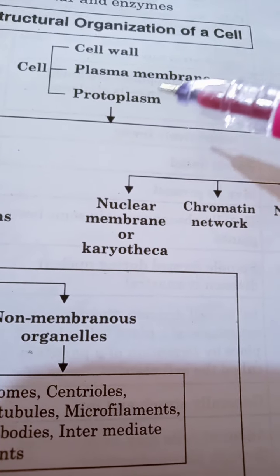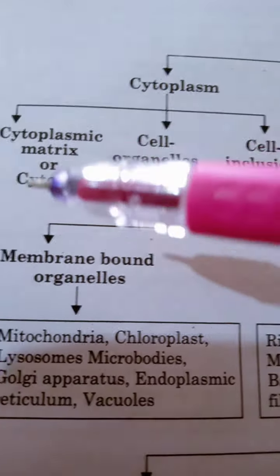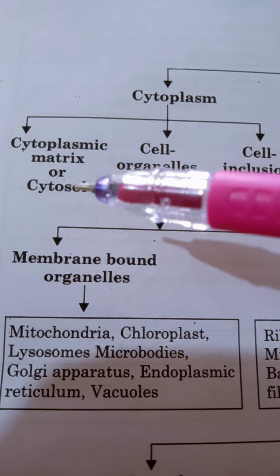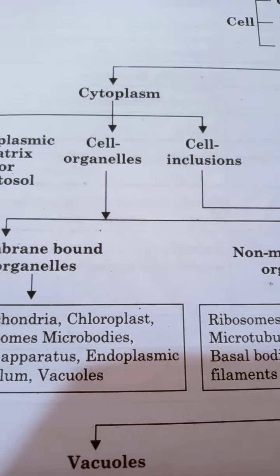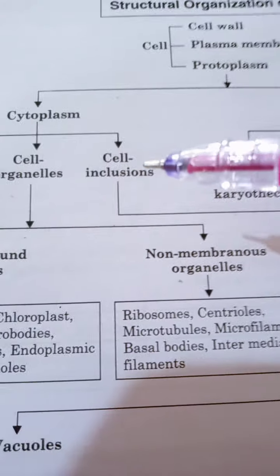Inner to the plasma membrane we have protoplasm, and that protoplasm could be divided into the cytoplasm and nucleus. The cytoplasm in turn has cytoplasmic matrix or cytosol, cell organelles, cell inclusions.